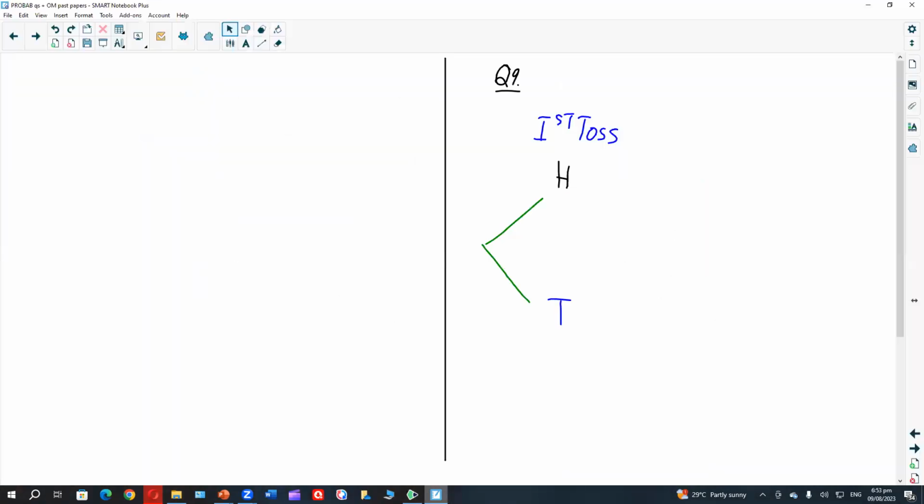Good. So let's start this tree diagram. Look at this diagram. First copy it, write question number 9.